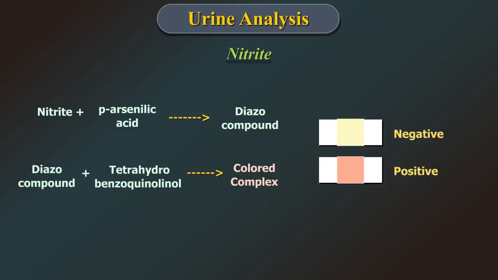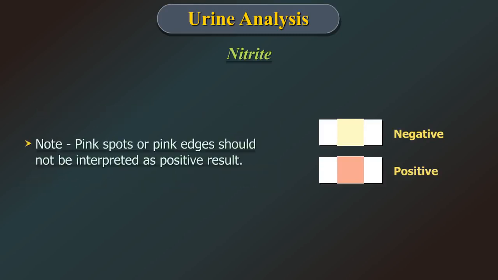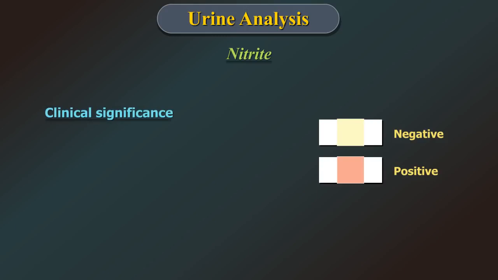At the acid pH of the reagent area, nitrite in the urine reacts with p-arsanilic acid to form a diazonium compound which gives a pink color. Please note, pink spots or pink edges should not be interpreted as positive result. The clinical significance is to detect gram-negative bacteriuria.